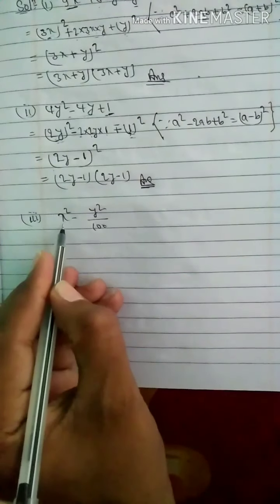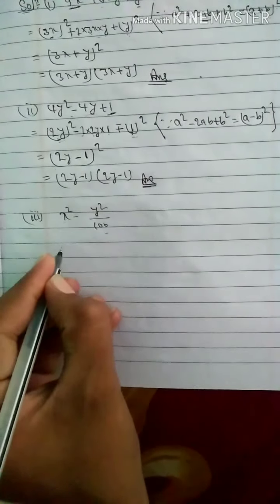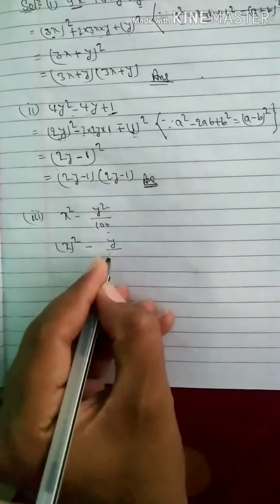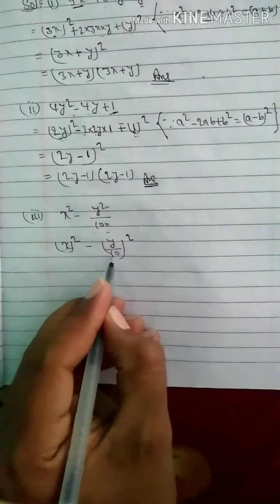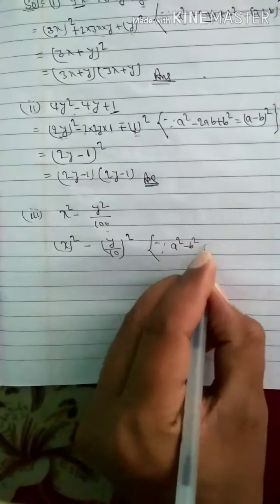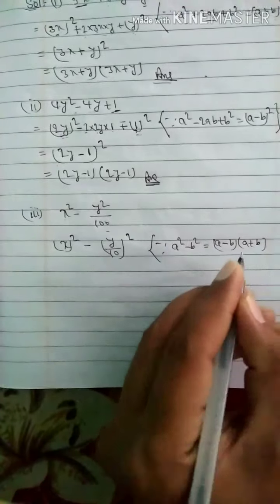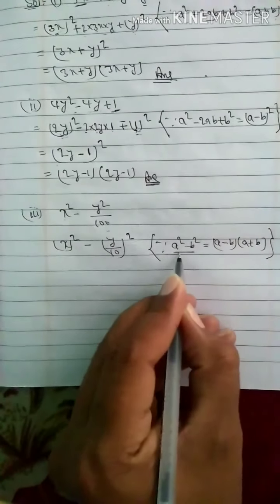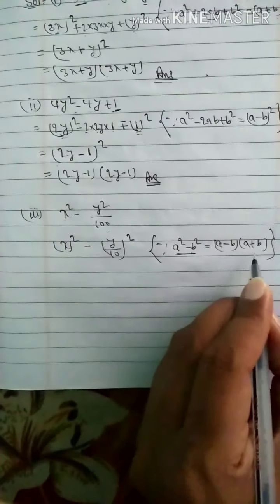Now see the third part, x square minus y square upon 100. We can write x square as x whole to the power 2 minus y square upon 100, and we can write y upon 10 whole to the power 2. Now this is in the form of a square minus b square, and we know that the identity is a square minus b square equal to a minus b in the first bracket, a plus b in the second bracket. So this expression is in the form of a square minus b square, and the factors of a square minus b square are a minus b, a plus b.